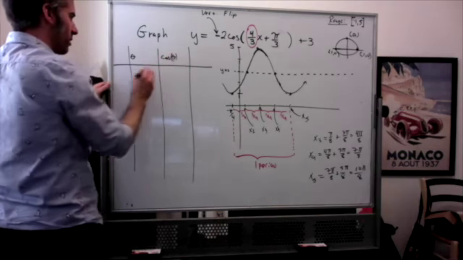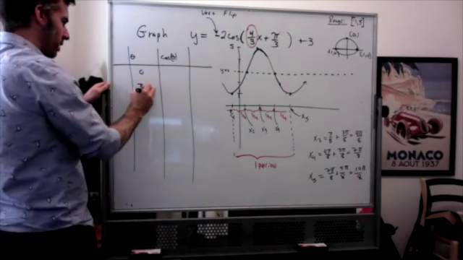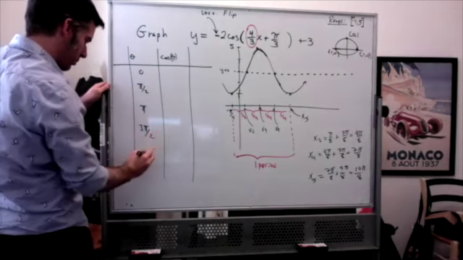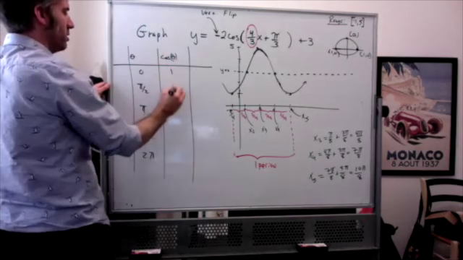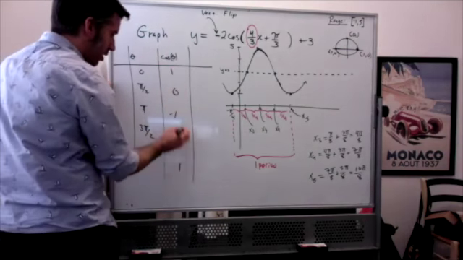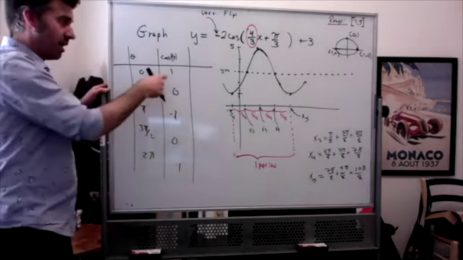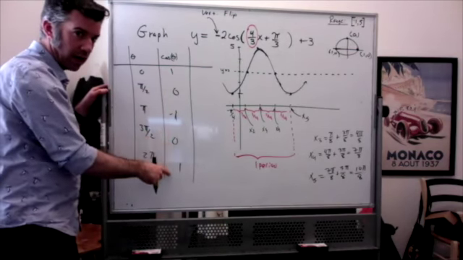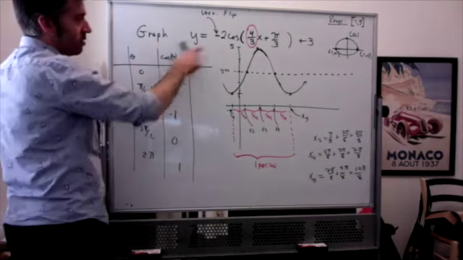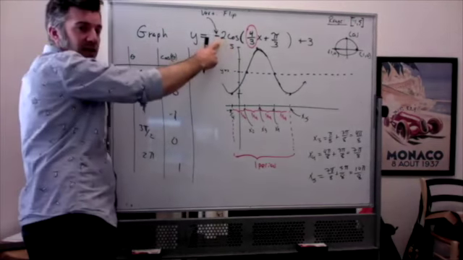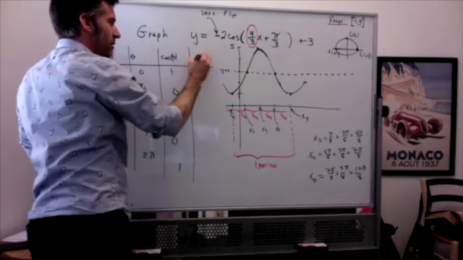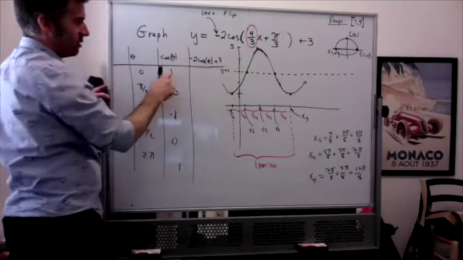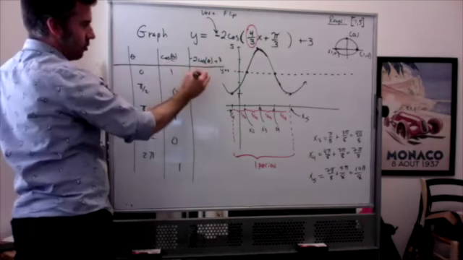Usual values, right? Theta is 0, pi over 2, pi, 3 pi over 2, 2 pi. Cosine of theta is 1, 0, negative 1, 0, 1. Or as I often think about it, high, middle, low, middle, high. But then I took my cosine and I multiplied by negative 2 and then added 3. So negative 2 cosine of theta plus 3: negative 2 times 1 is negative 2, plus 3 is 1.